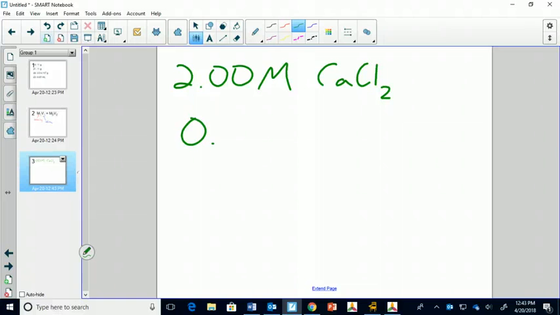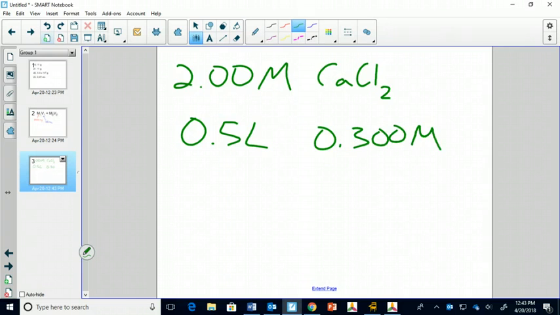But I have 0.5 liters of a 0.300 molar solution. And I want to know what volume in milliliters of a 2 molar solution would you use to make a half liter of 0.300 solution?